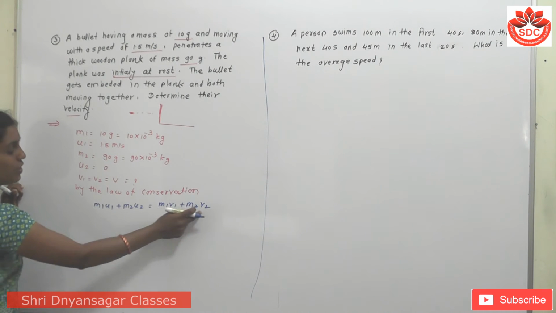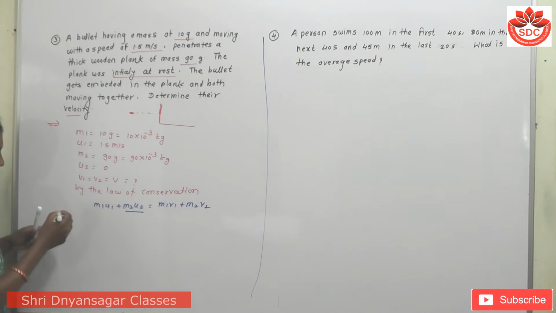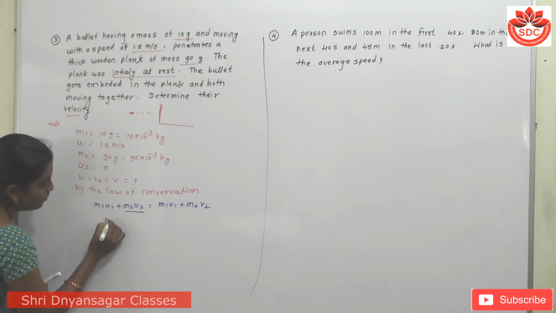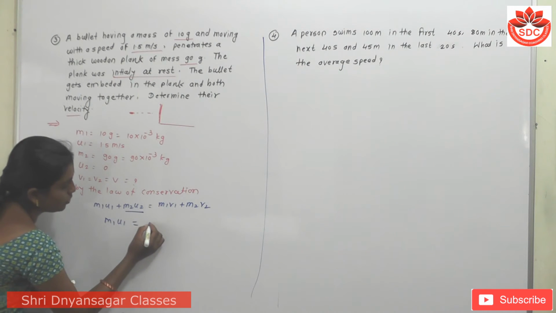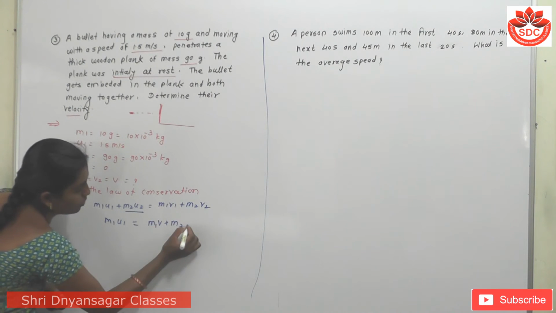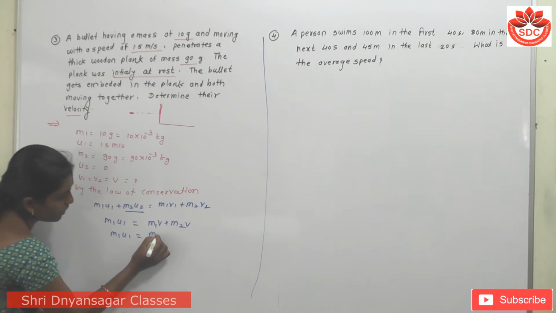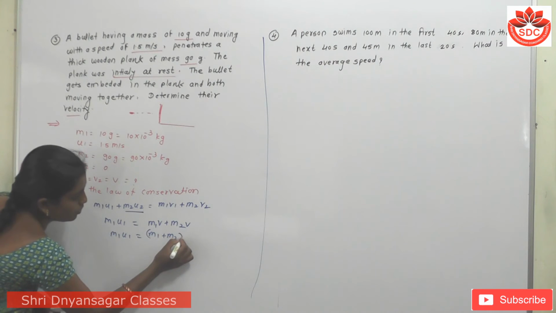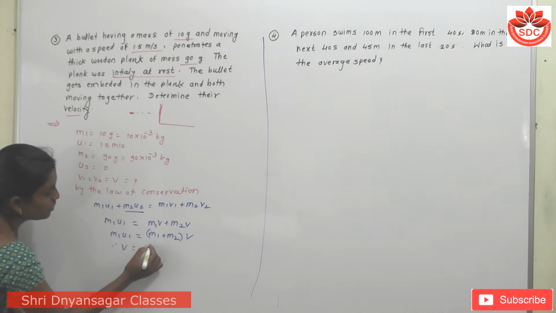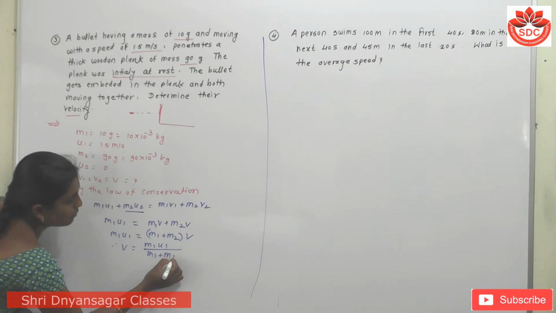Here v1 and v2 are the same, and u2 is 0, so that term gets cancelled. So we write m1 u1 is equal to m1 v plus m2 v. So m1 u1 is equal to m1 plus m2 into v. Therefore v is equal to m1 into u1 upon m1 plus m2.